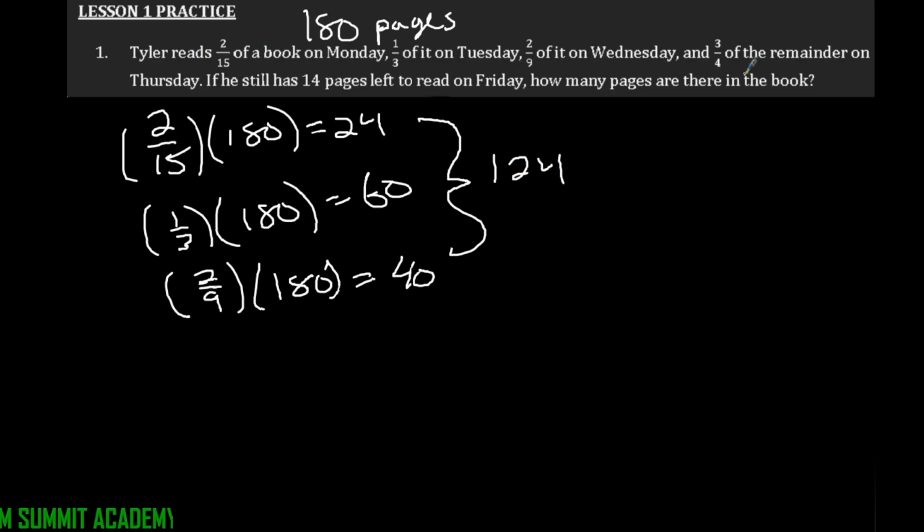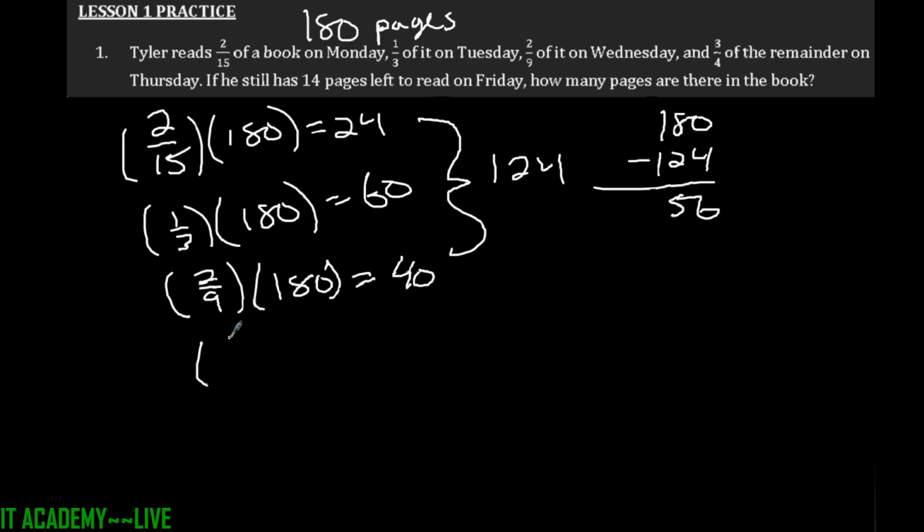So then it says on Thursday, it was 3/4 of the remainder. So if we do 180 minus 124, that's 56. So then we take 3/4 times 56 to get the amount we read. So that would be 42.